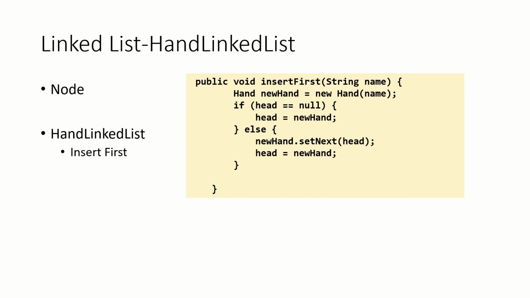What do we need to do? This is a method you should write into the linked list class: insert first. Just think about insert first. First step, we need to create a new one.